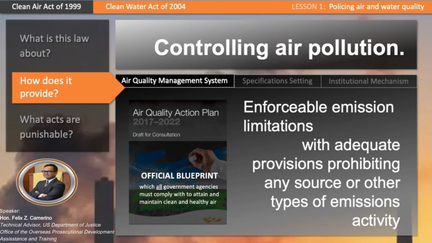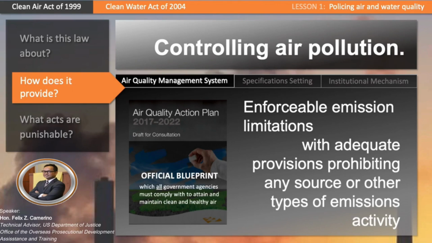So it's not limited to a particular source, but even applies to the types of emission activities. Now, the other thing that is included in this enforceable emission limitation, at least in these provisions, are other control measures, means or techniques, including schedules and timetables for compliance.